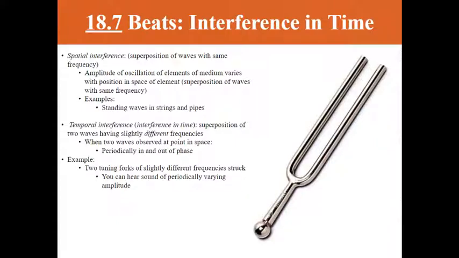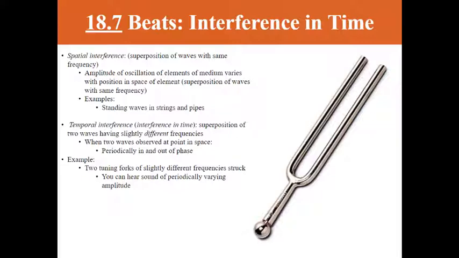First, let's think about what we've seen so far in the chapter, which was superposition. Waves that are a bit out of phase with each other or moving in opposite directions combine on the same medium and create a wave that has different amplitude depending on their phase.